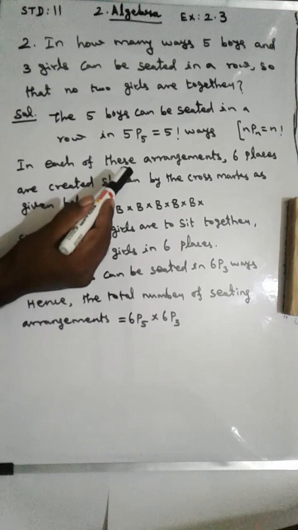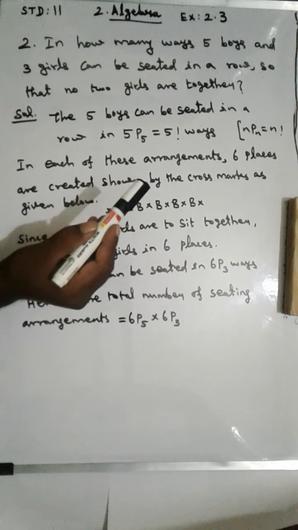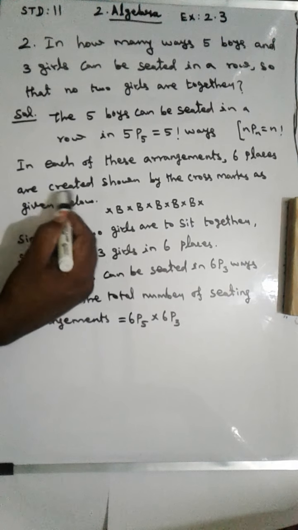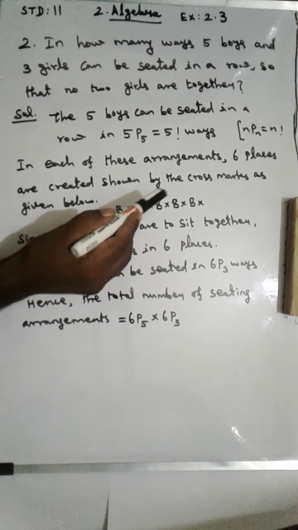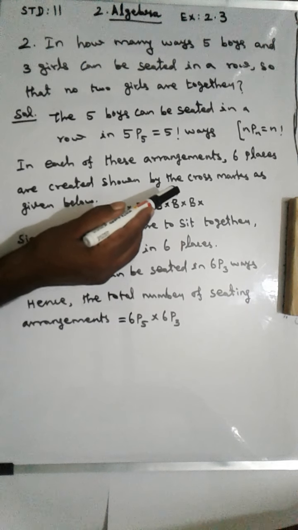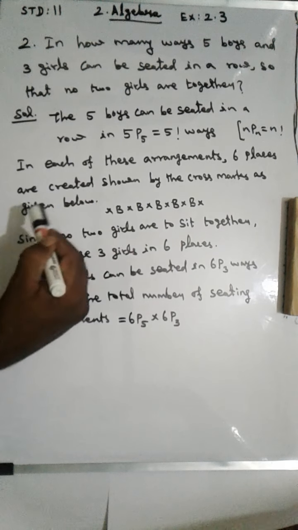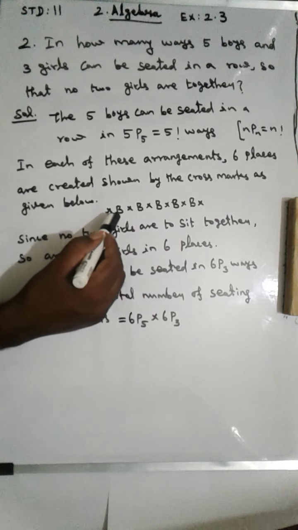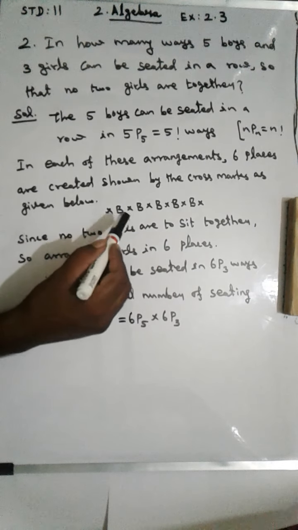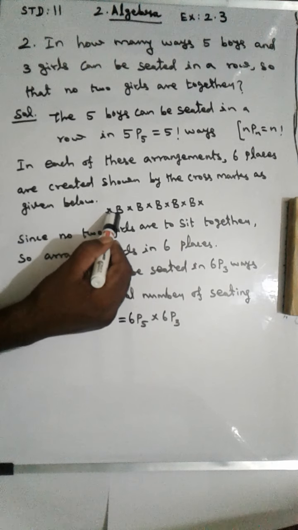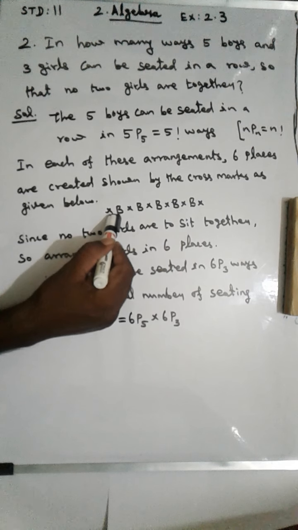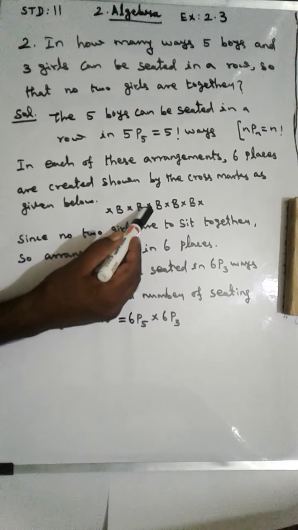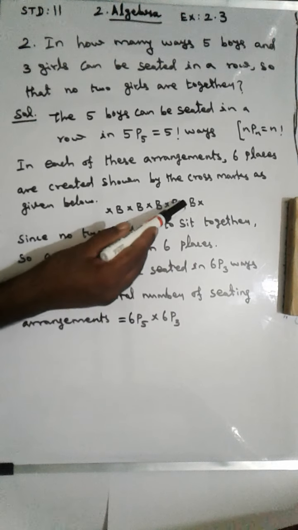In each of these arrangements, 6 places are created, shown by the cross marks as given below: boy, girl, boy, girl, boy, and so on.